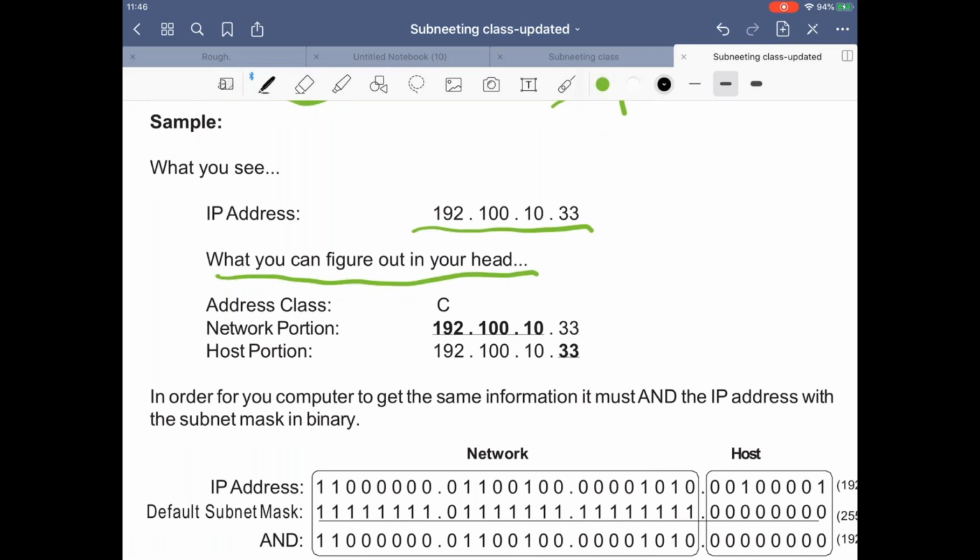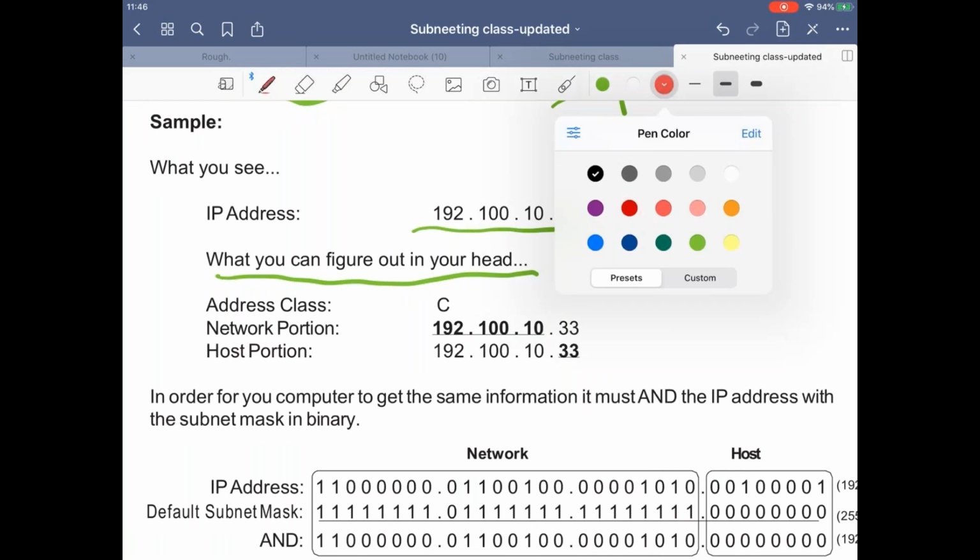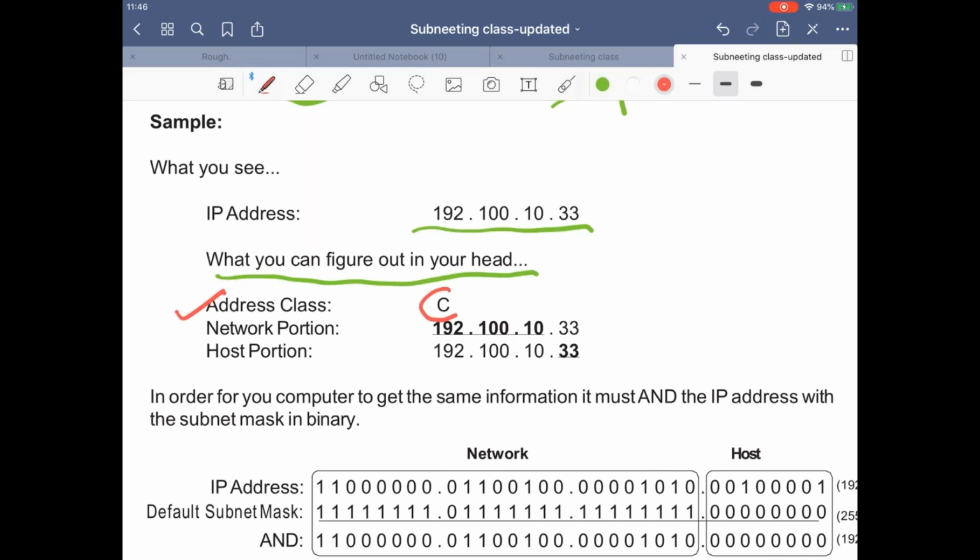Second, if this is class C, the network portion is 192.100.10. The third thing you find out is that the host portion is 33.